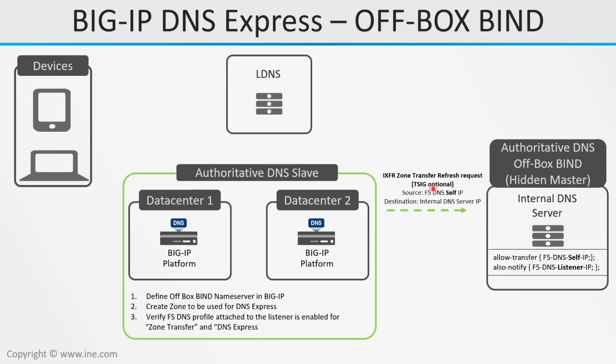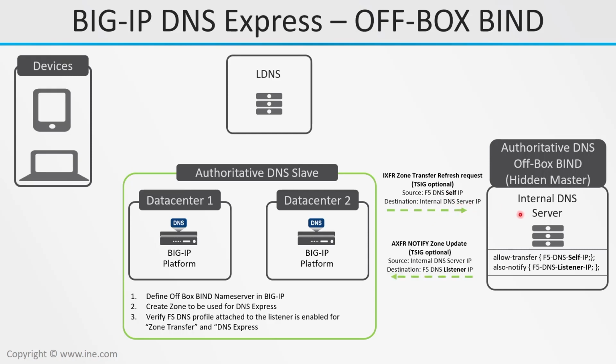So it prevents somebody spoofing different zone transfer request information to the F5. So we will configure a zone transfer, and this is done automatically after you create the zone. And the source is going to be the F5 DNS self IP. The destination is going to be the internal DNS server.